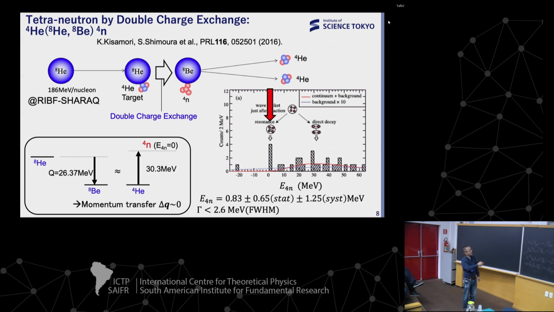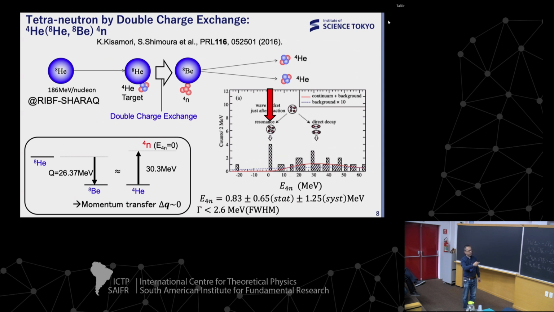But this energy is compensated by the difference of the tetraneutron relative to helium-4, so that the energy was transferred like this. Then the momentum transfer becomes very small. So this means that you can make the 4-neutron system at rest, basically.